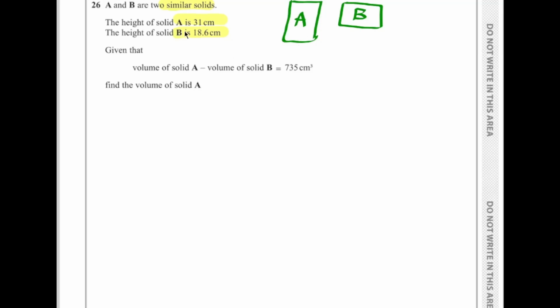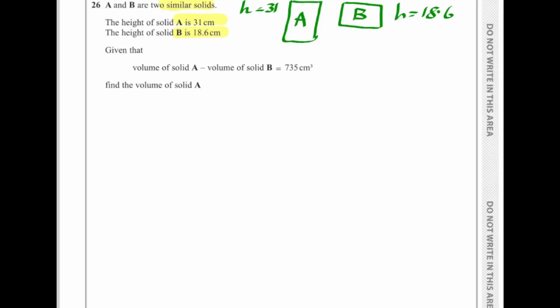The height of solid A is 31 centimeters. So we've been given the height of A, 31 centimeters. The height of B is 18.6 centimeters. Right, this is the information that we already have.